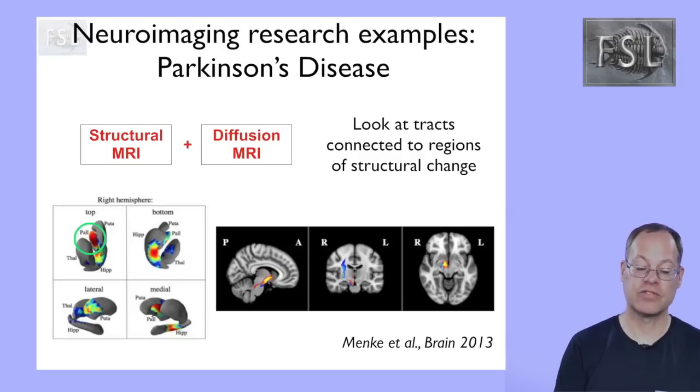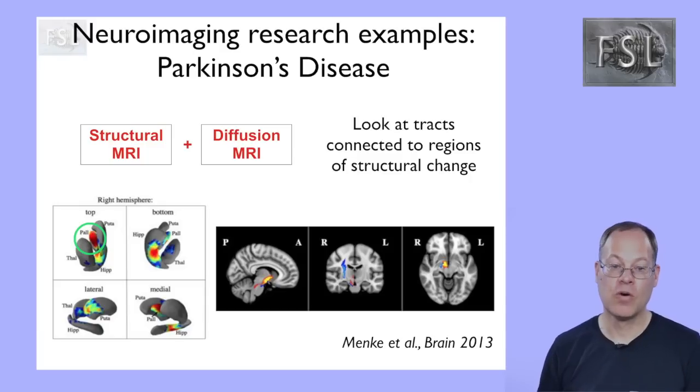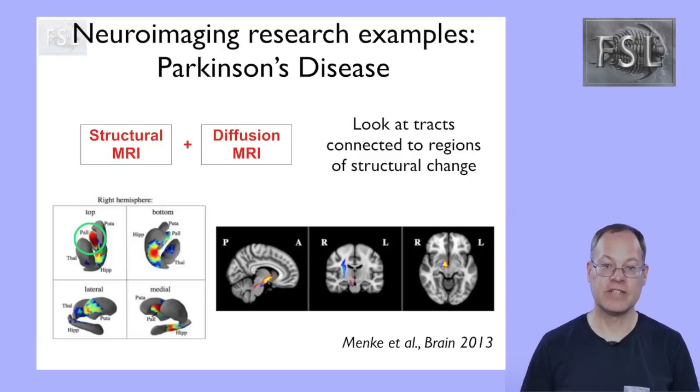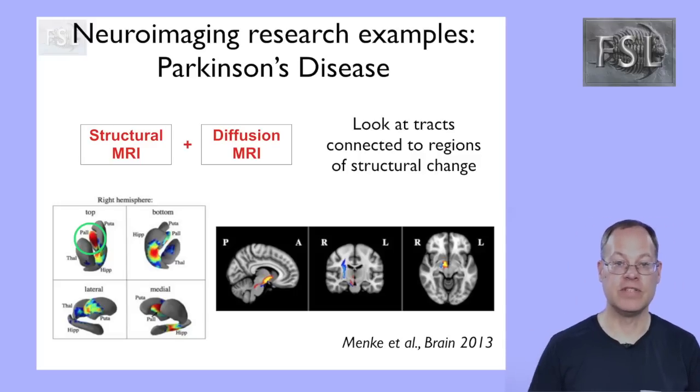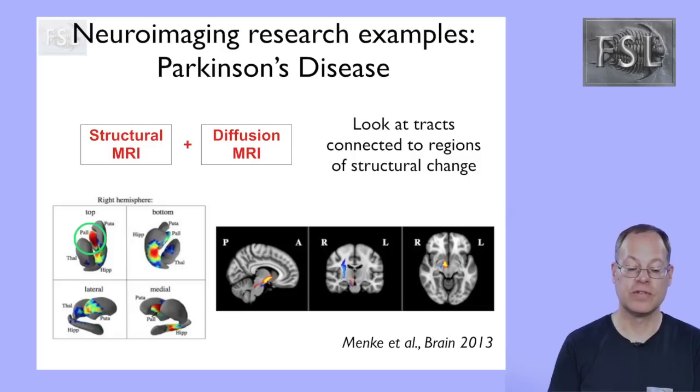Here's an example of a structural MRI and diffusion MRI, where we're looking at the structural MRI to give us information about what areas have changed between different groups, in this case a Parkinson's disease group and a matched group of controls.